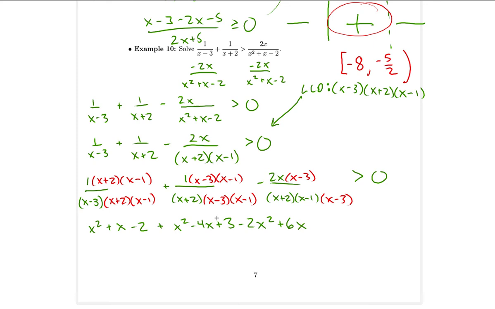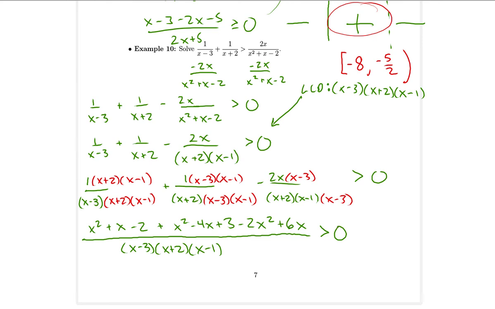And then of course all of that over x minus 3, x plus 2, x minus 1. Okay, so as you can see, I didn't plan my space too well. I run out of space here. But some good things do happen.